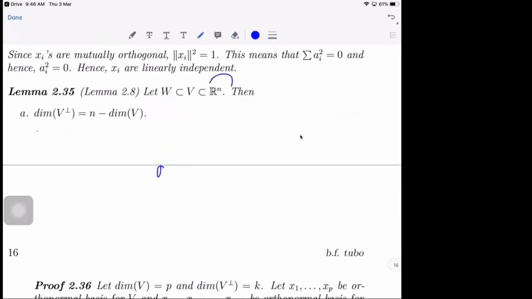So the W will also be N minus the dimension of V.